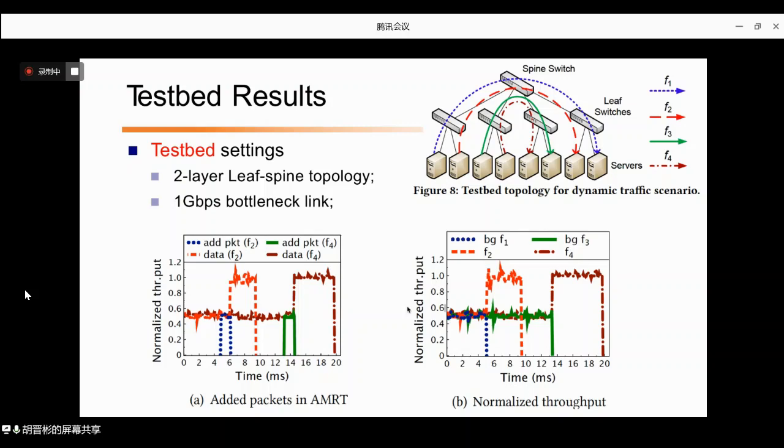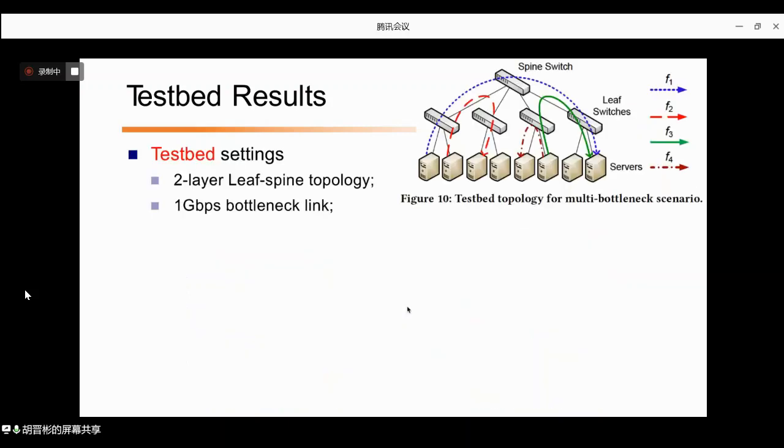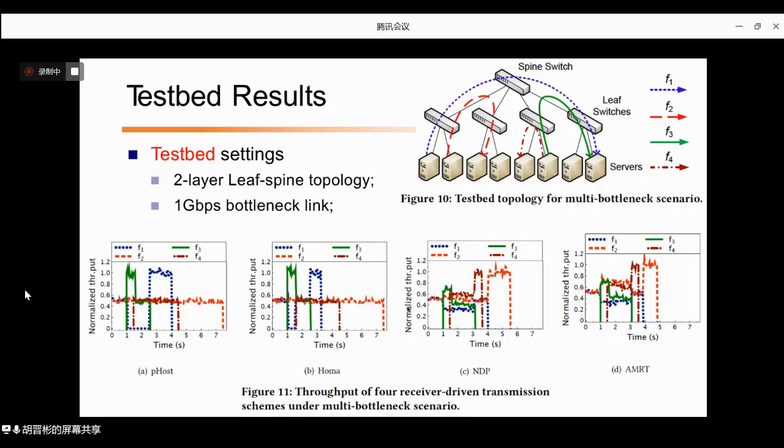These four figures show the throughput of four receiver driving transmission schemes in multi-bottleneck scenario. Compared with the other schemes, AMRT achieves higher throughput and reduces the flow completion time by using anti-ECN marking method and explicit feedback to adjust the sending rate.